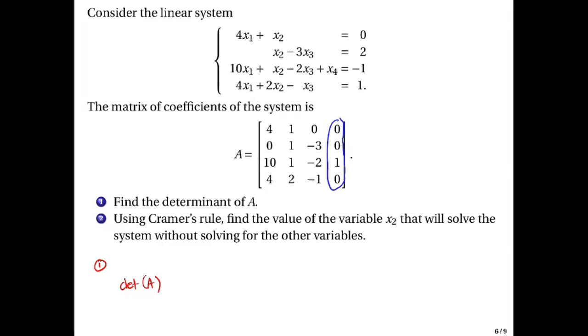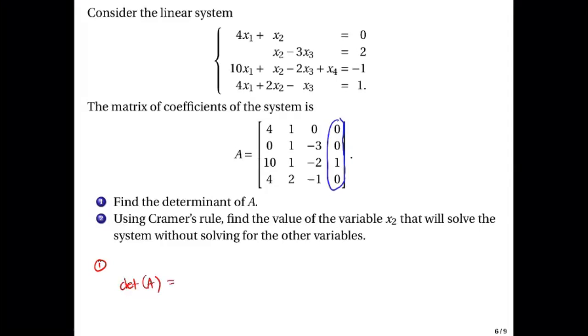As you can see, 0 times whatever, and then we just have the 1 in here. The other entry, again, is 0. So basically, we just have to do this part here.